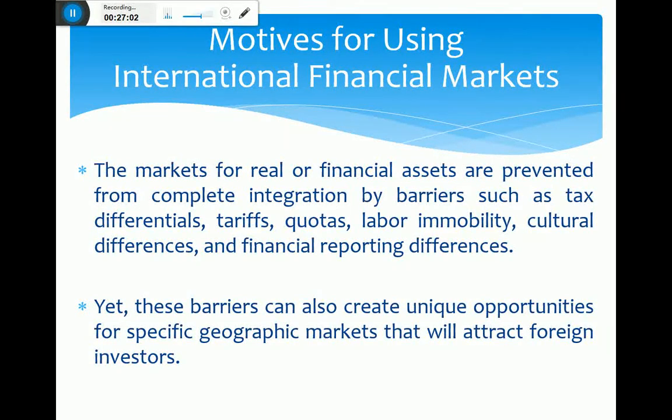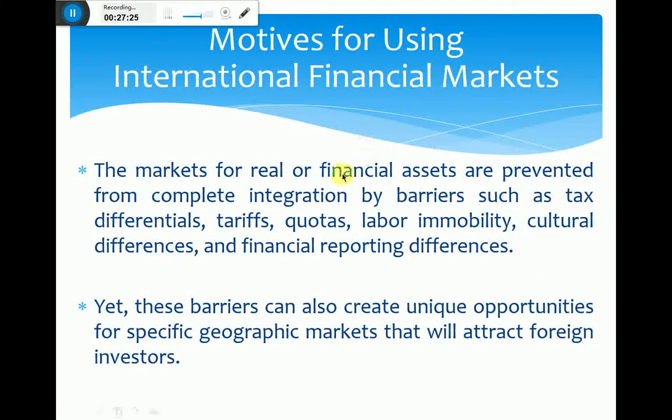We know that multinational corporations operate in different countries, so they face the difficulties of tax differentials, tariff differences, quota differences, and we know that labor is immovable. We know that there are cultural differences and financial reporting differences.